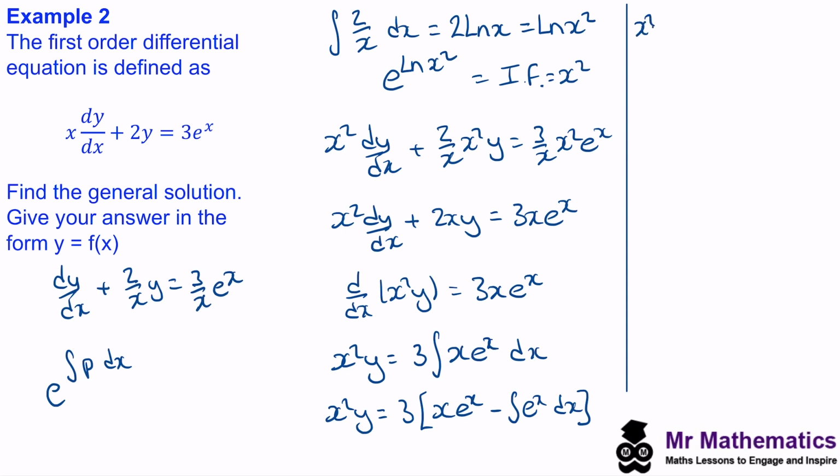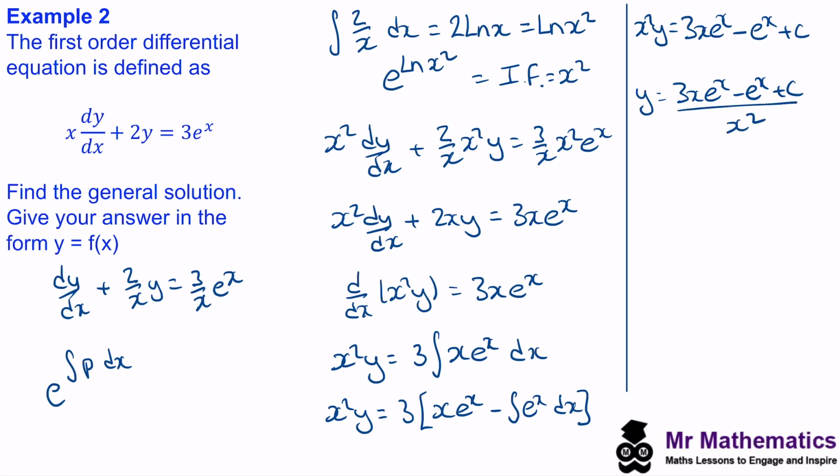So x squared y becomes 3x e to the x minus the integral of e to the x, which is e to the x, plus the constant. And dividing by x squared, we get y is equal to 3 times x e to the x minus e to the x plus c, all divided by x squared.